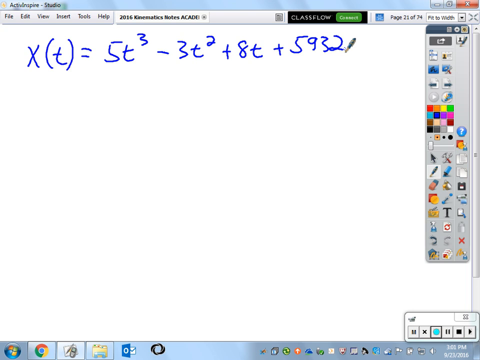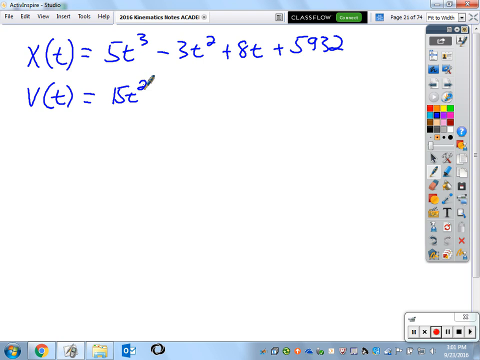So if we, just to do the derivative process again, just so we understand what we're finding. V of t, let's look at this term. What do we end up getting? It would be 3 times 5, so that would be 15t squared. Does everyone see that? Then we look at our next term, negative 3t squared.